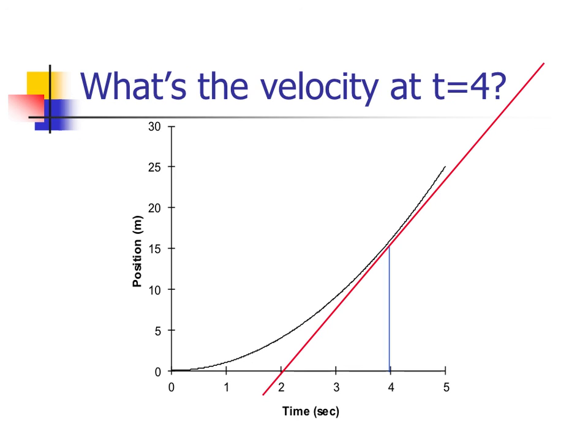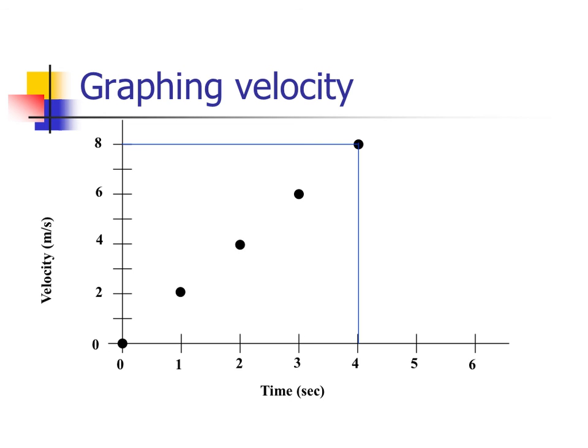And at 4, should be around a position of 8, or 8 meters per second, because that would be the velocity side. And therefore, we're going to have this nice direct line.